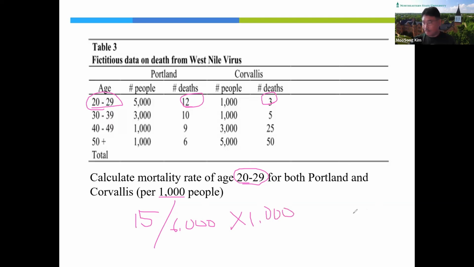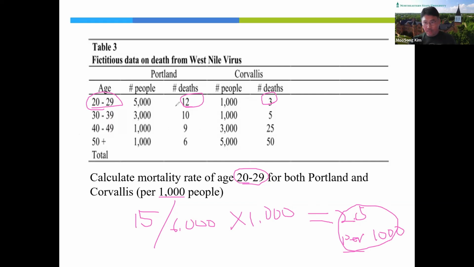So you get 2.5 per 1,000 people. That is the age-specific mortality rate for age 20 to 29.